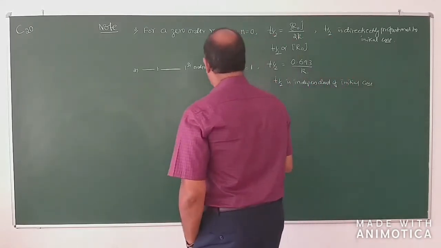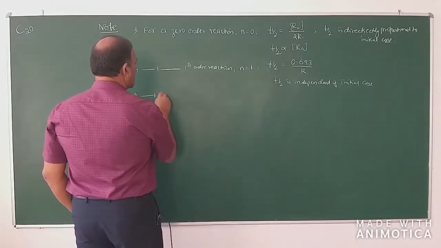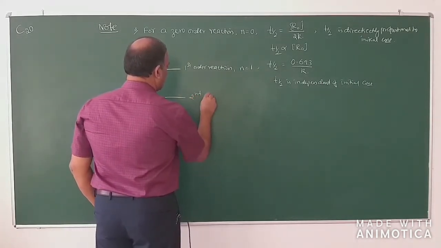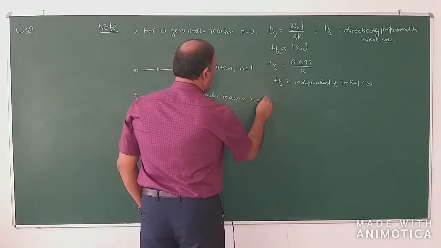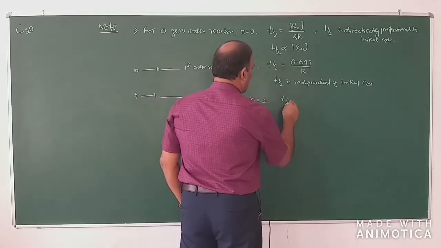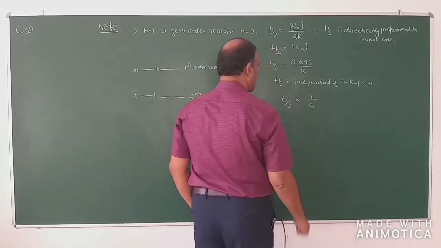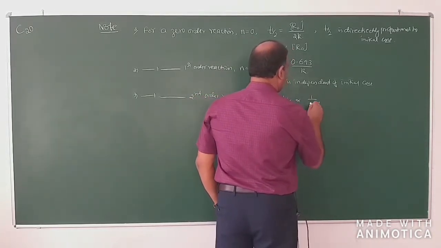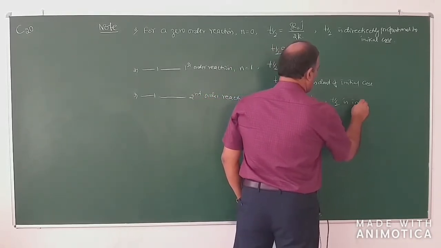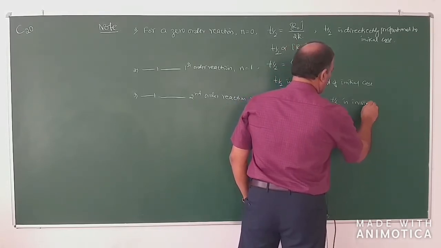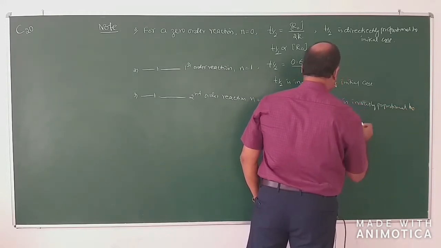That means half-life period for a first order reaction is independent of initial concentration. Similarly, for second order reaction, n equals 2, t half is proportional to 1 over R naught. That means half-life period is inversely proportional to initial concentration.